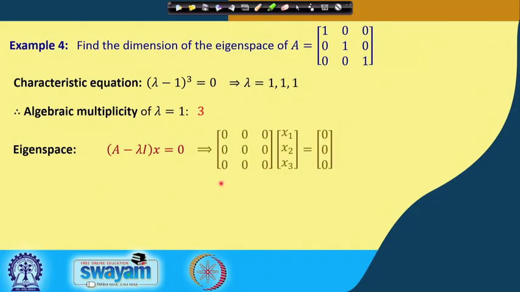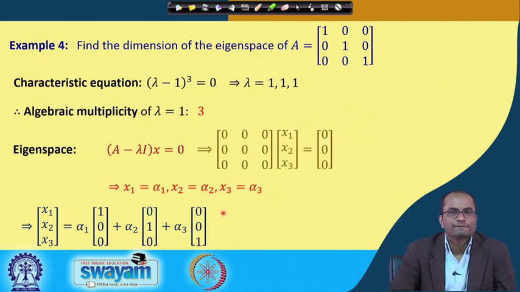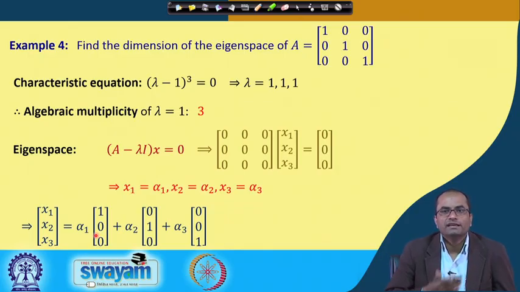So, whatever we like, and we have taken alpha 1, alpha 2 and alpha 3, because all three are free variables, and then x1, x2, x3 we can write in terms of alpha 1, alpha 2, alpha 3 as this combination: alpha 1 times (1, 0, 0), alpha 2 times (0, 1, 0), and alpha 3 times (0, 0, 1). So, we have 3 linearly independent eigenvectors in this case corresponding to lambda equal to 1.